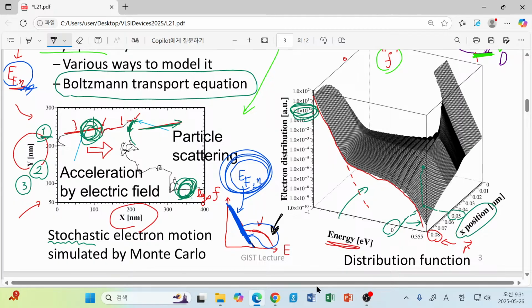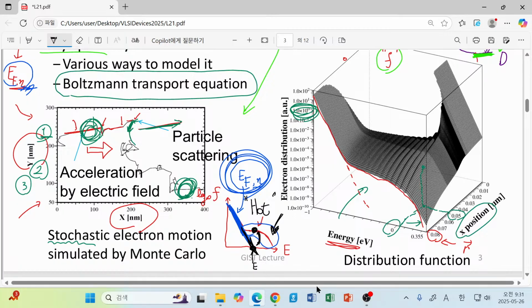If we follow just the conventional distribution, then at this energy level we must have quite a small number of electrons. However, in reality, we have a much higher probability of having electrons. So this really corresponds to hot electrons.